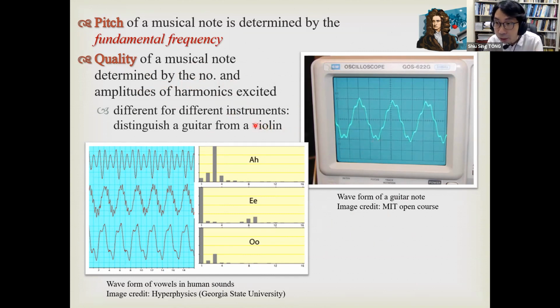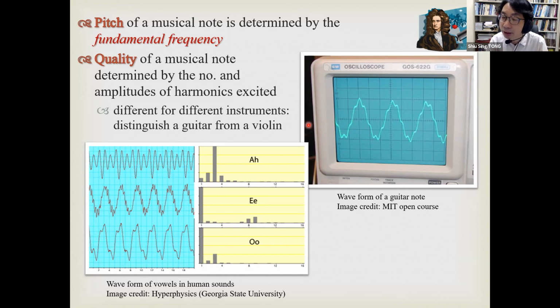That explains why different kinds of musical instruments have different quality of sound. The quality of sound refers to the effect of the high frequency harmonics. When a guitar and a violin both play, for example, middle C, they have the same fundamental frequency.